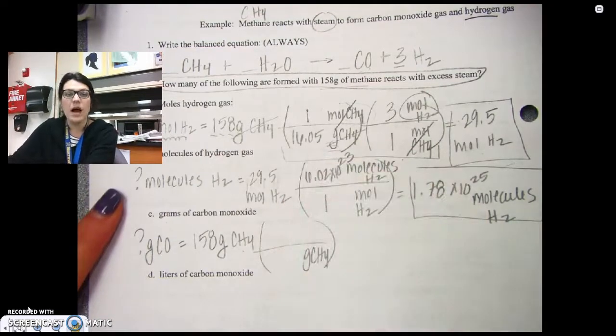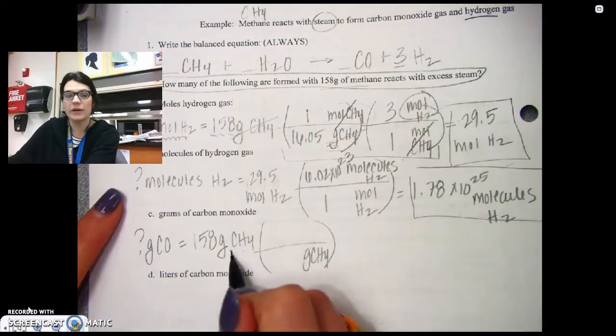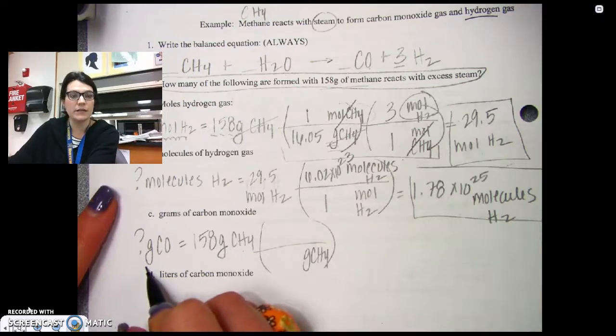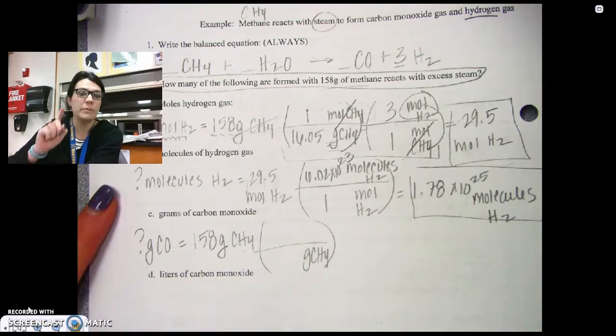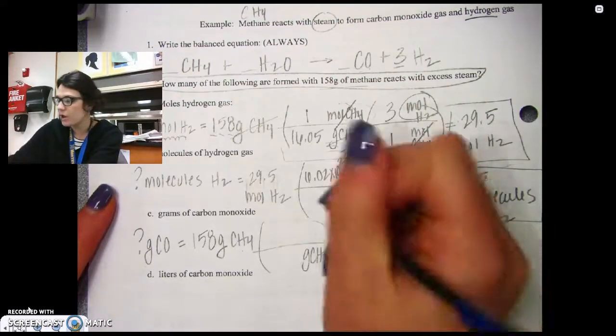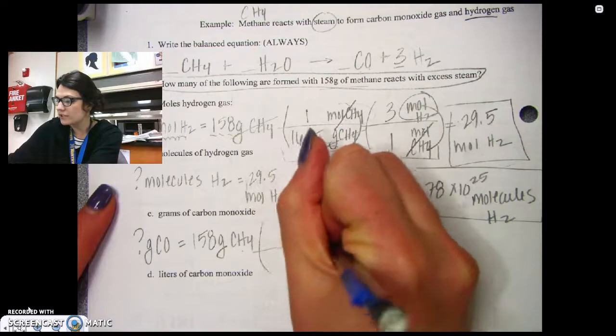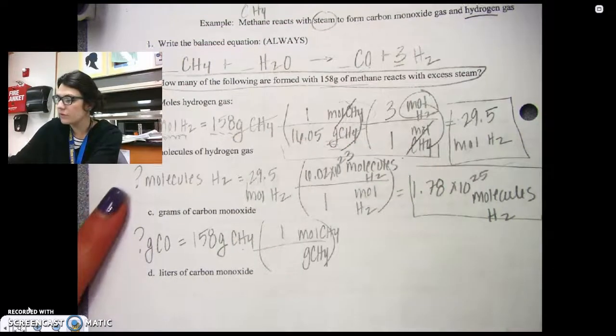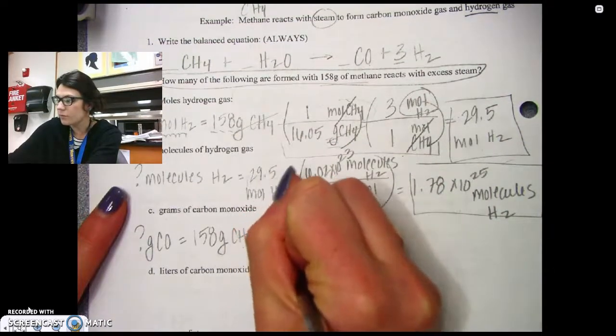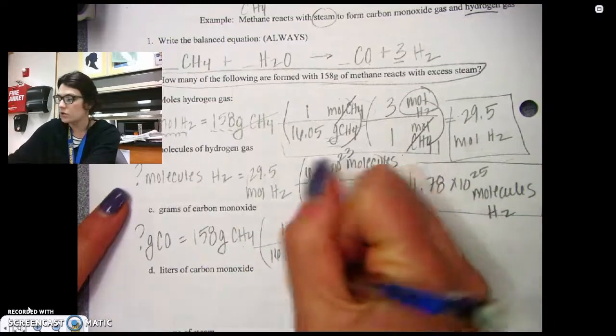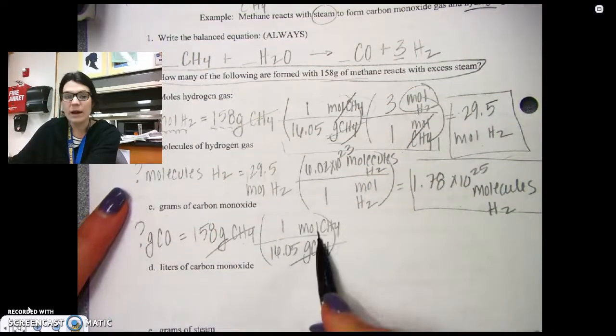I don't have a direct relationship between grams of methane and grams of carbon monoxide. The only direct relationship that particles have is mole to mole based off the balanced chemical equation. So I'm going to put mole of CH4 in the top. For every 1 mole of CH4, it will weigh 16.05. So grams cancels. Now I'm in moles.